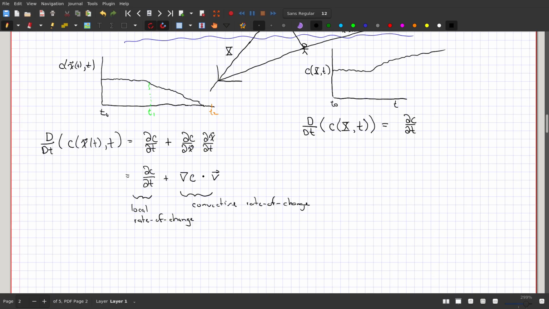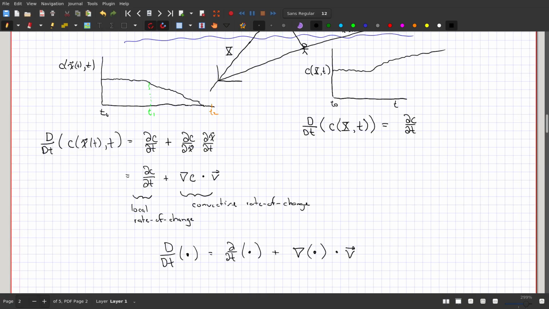And so in this example, there was a specific thing we were measuring, that's the concentration. But this derivative operation, the material time derivative operation, we can write generically: d dt of something is equal to partial t of that thing plus the gradient of that thing times the velocity vector.